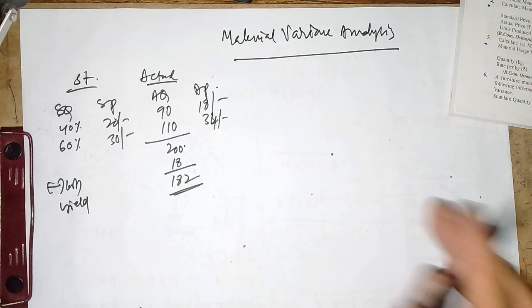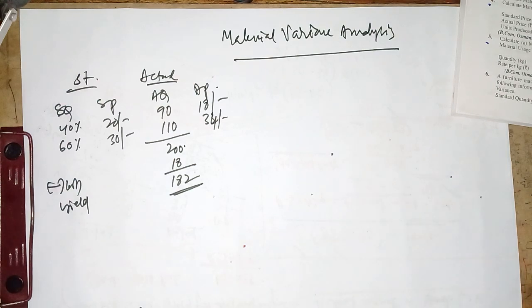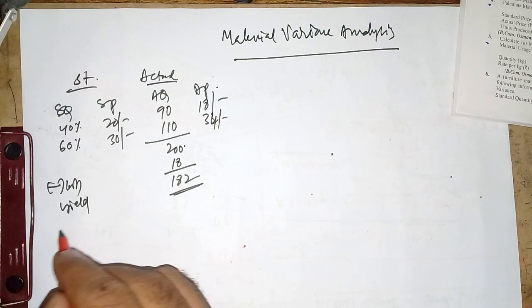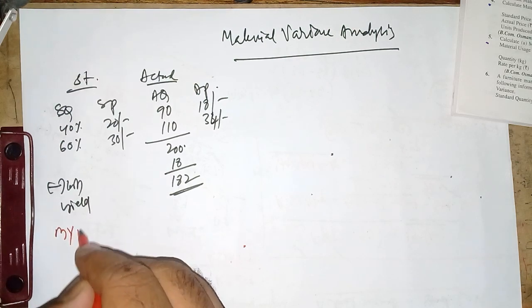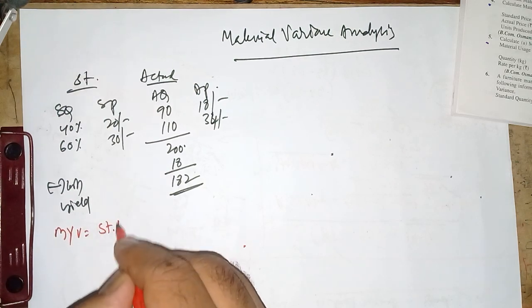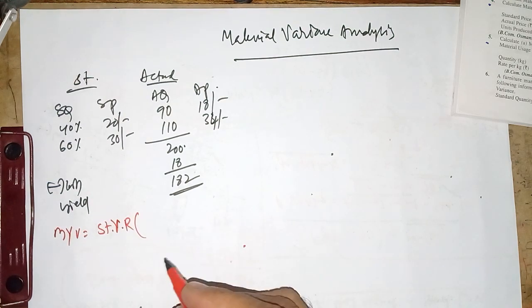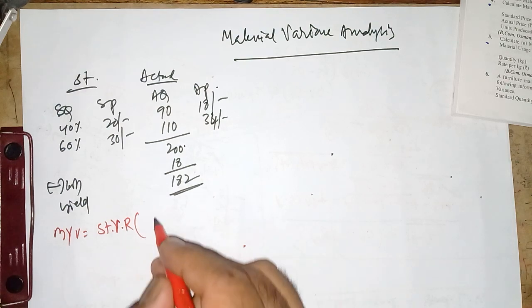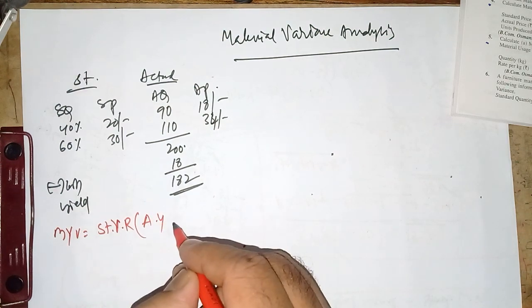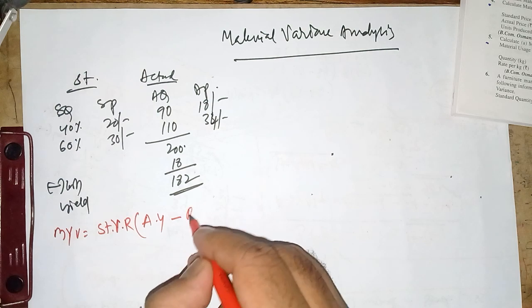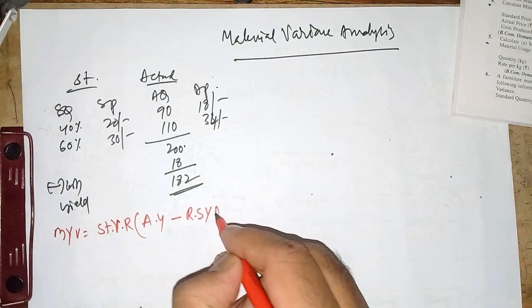So we are asked to calculate material yield variance, MYV. The formula of MYV is equal to standard yield rate into actual yield minus revised standard yield for actual input. I'm writing abbreviations; in the earlier video you can see the elaborate explanation of how to calculate material yield variance.